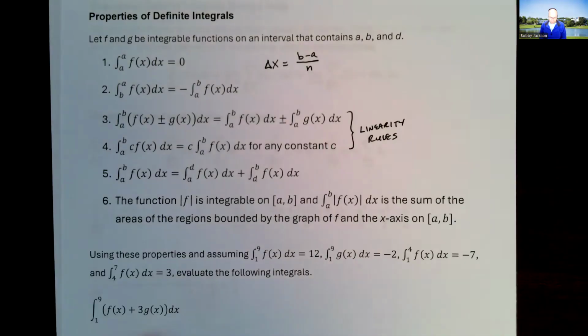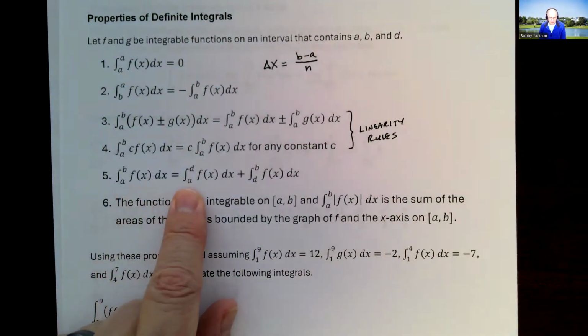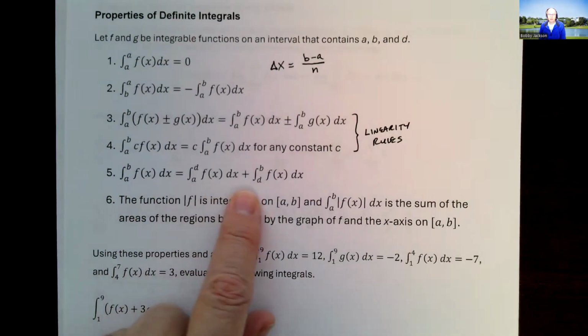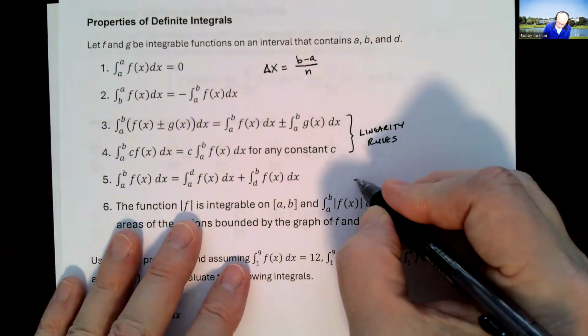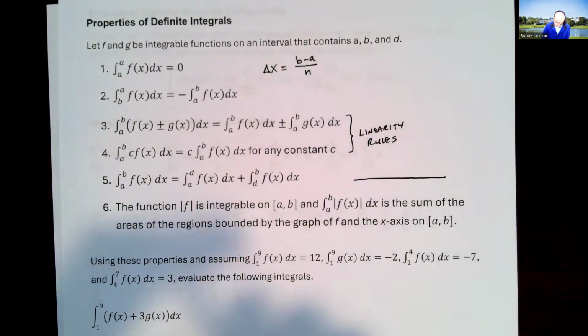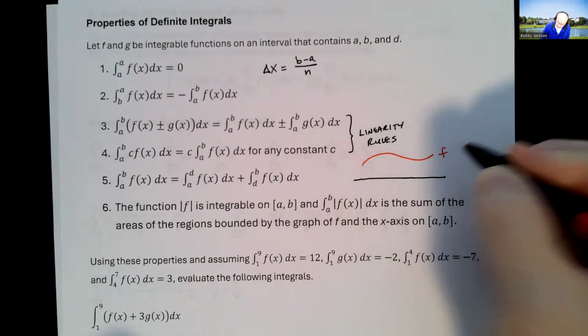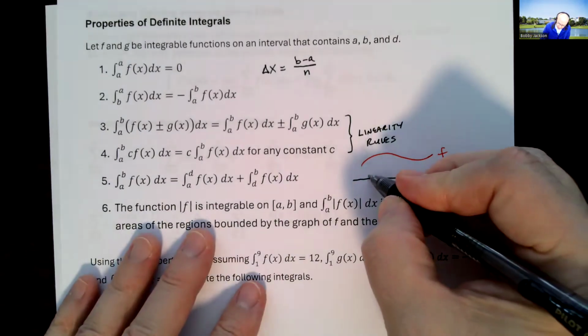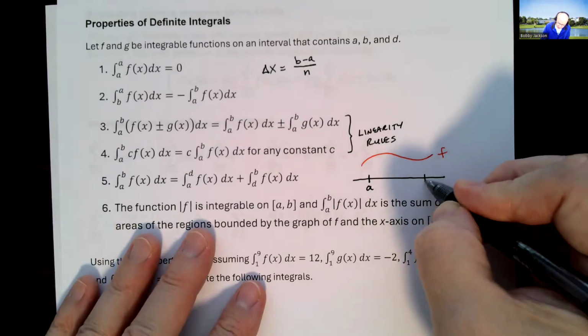Property 5 says the integral from a to b of the function f of x is the integral from a to d plus the integral from d to b. So what's going on here? Let me illustrate this. Let's suppose we have some function f on the interval from a, we'll say a is here, and we'll just say b is here.